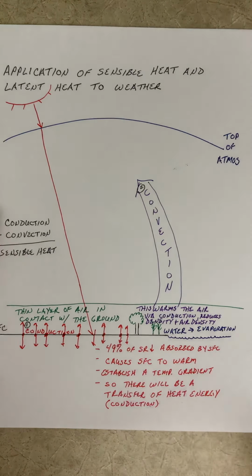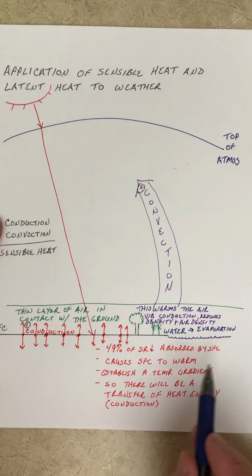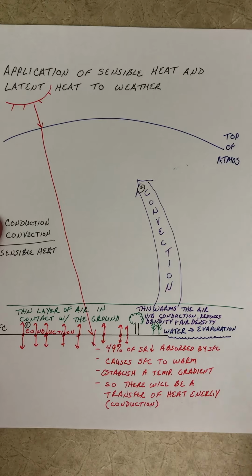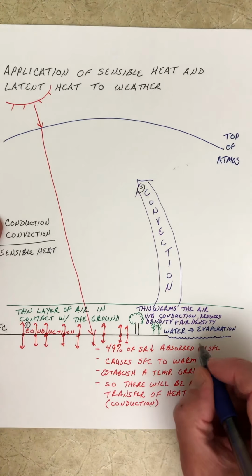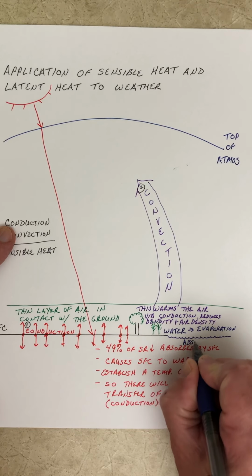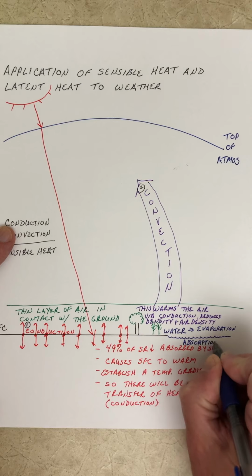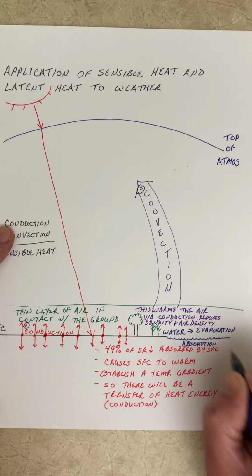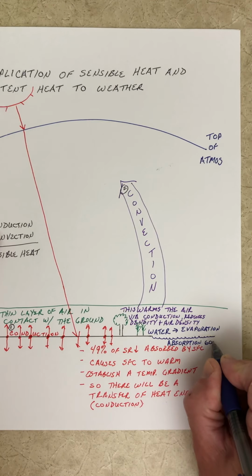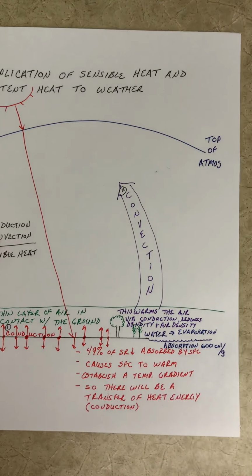And remember the energy exchange that's taking place when water evaporates. It's going from liquid phase to vapor phase, and so that requires the absorption of 600 calories of energy for every gram of water that's evaporated.